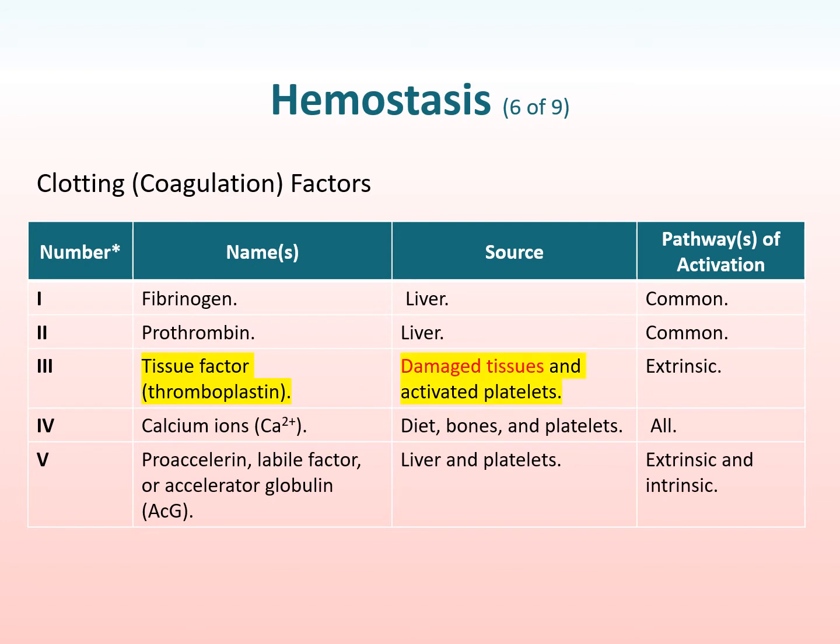And then we have calcium ions. Calcium ions are found in the platelets. They're also found in the diet. We eat it, and of course it's found in the bones. But calcium is very important.